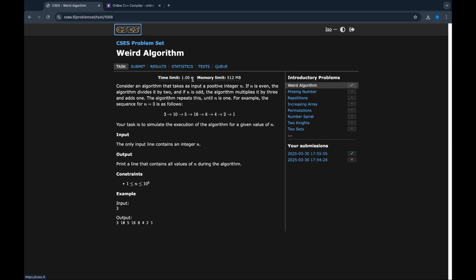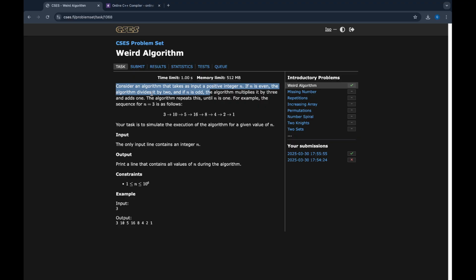Okay, I will choose this problem, the weird algorithm. The text: consider an algorithm that takes as input a positive integer n.